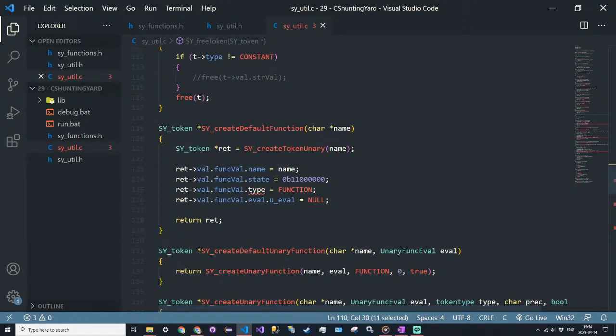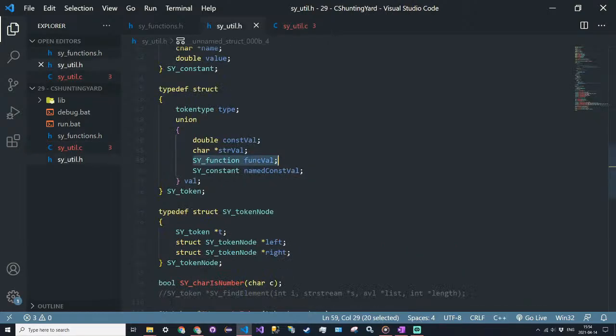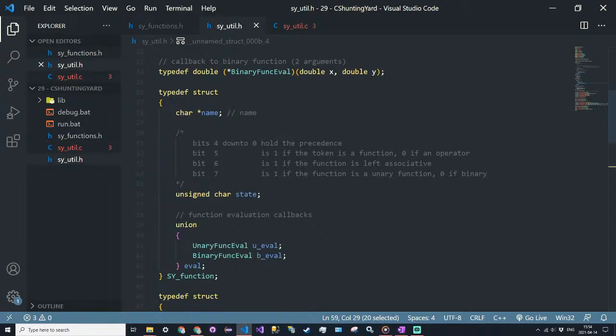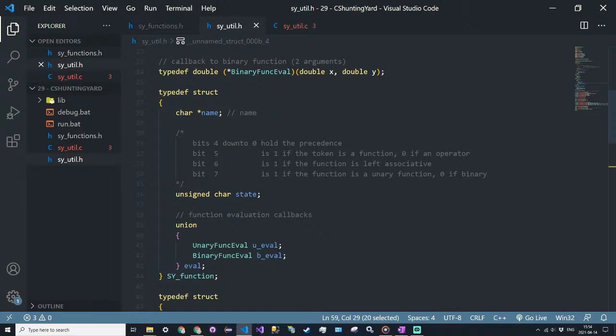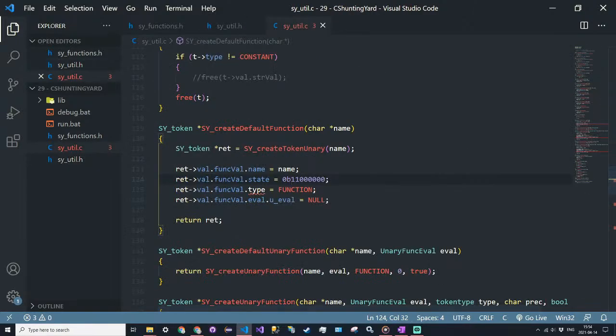So by default the state will be unary and left associative, and also an operator, I think that's what it says. Then we set the union evaluation to null, just so we don't actually have anything stored there.